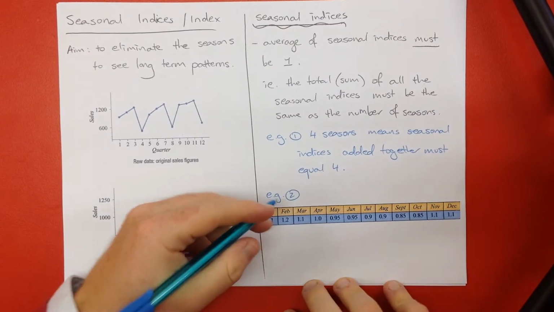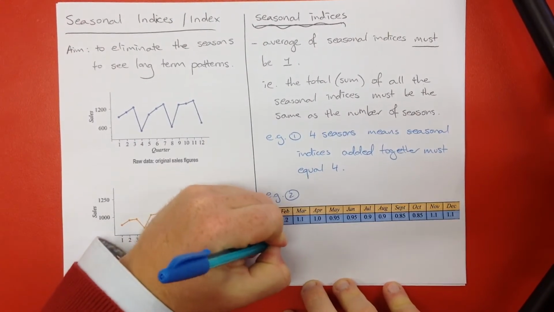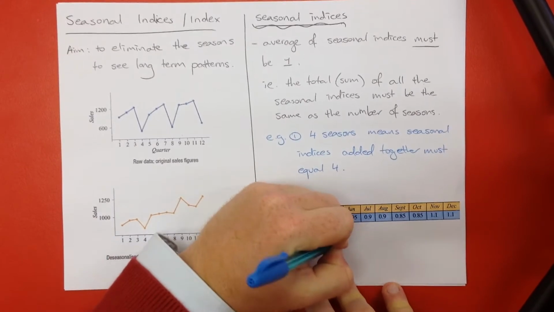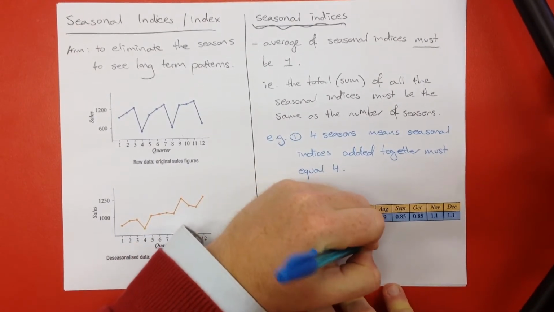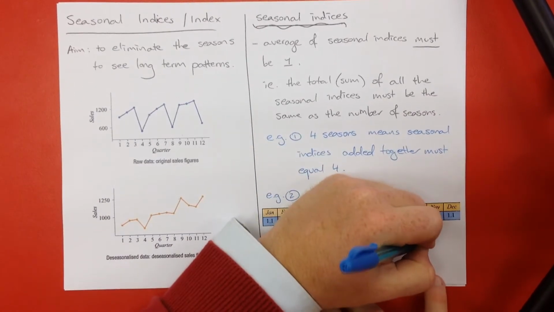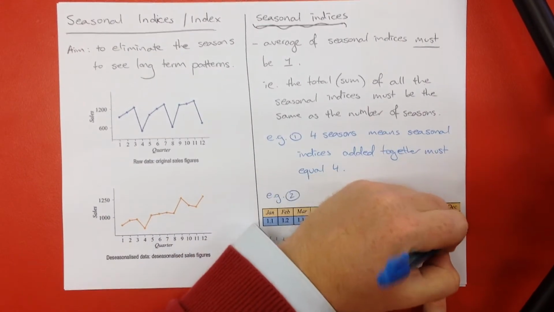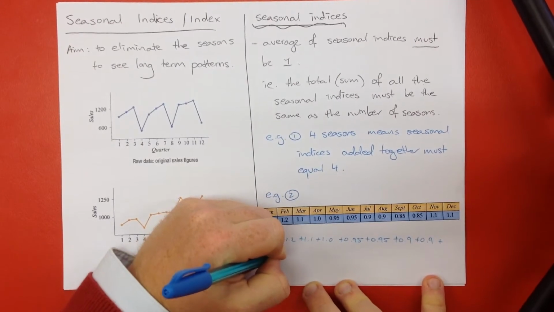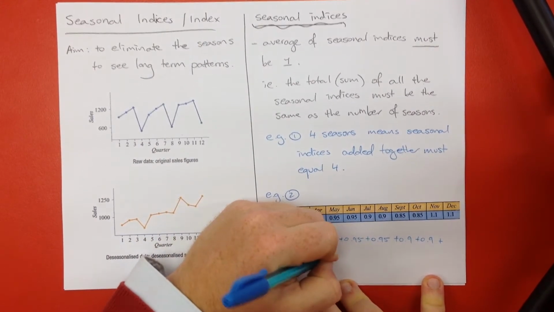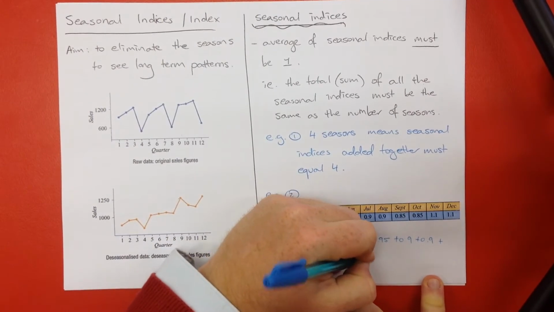So let's just do one here. Let's add up 1.1 plus 1.2 plus 1.1 plus 1.0 plus 0.95 plus 0.9 plus 0.9 plus 0.85 plus 0.85. I'm just trying to find the average here. So we're going to add them all up and divide them by the number of data.